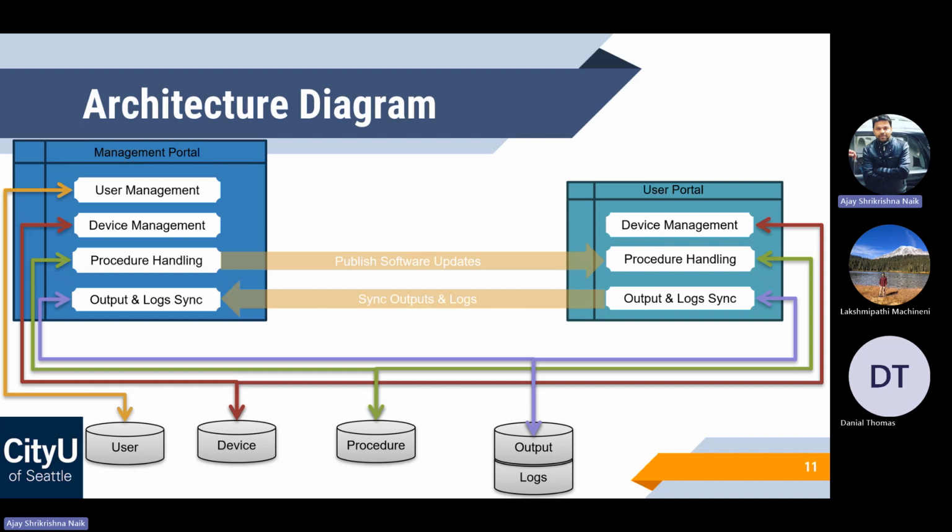Each has its own database, shown at the bottom of the diagram: user, device, procedure, output, and logs. The interface is a REST service, and all communication will be done using REST services.